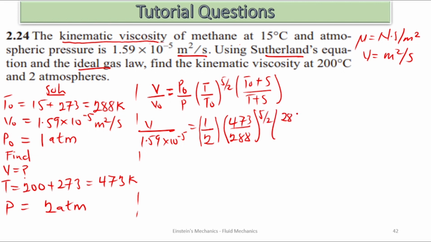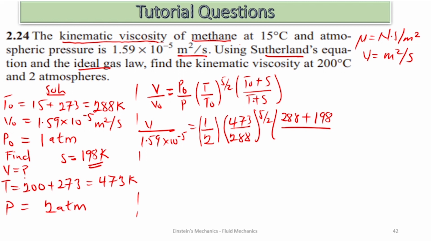T naught 288 plus S. This is a gas, methane, and from tables the S will be given to you. The S for methane gives us 198 Kelvin. It's just a constant, so you should either have the table and read it from there, or the question should give it to you.